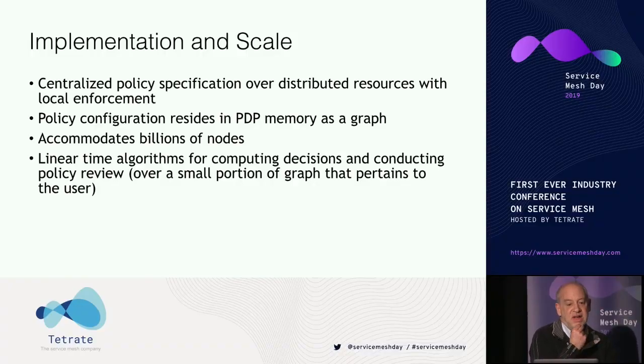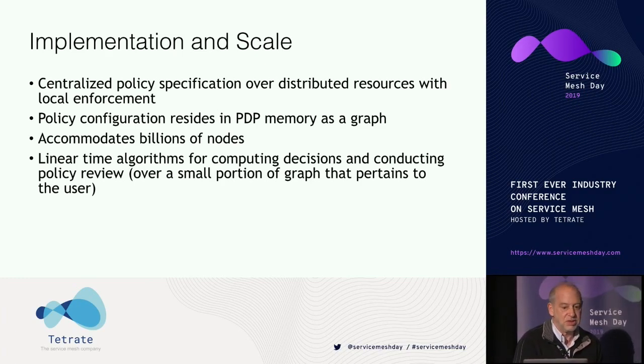So from an implementation and scale perspective, we have centralized policy specification over distributed resources with local enforcement. The policy configuration resides in PDP memory as a graph, and that graph can be huge. It can contain billions of objects.